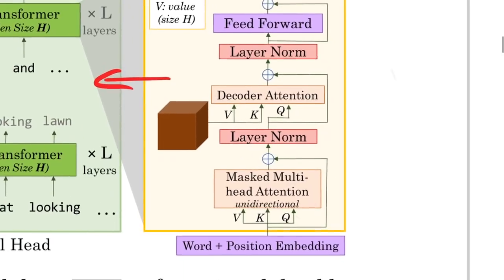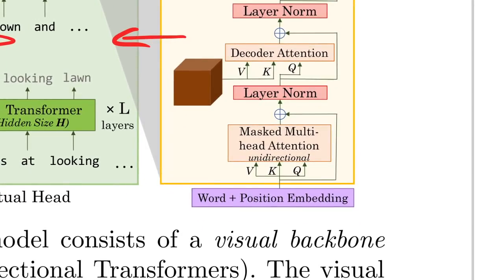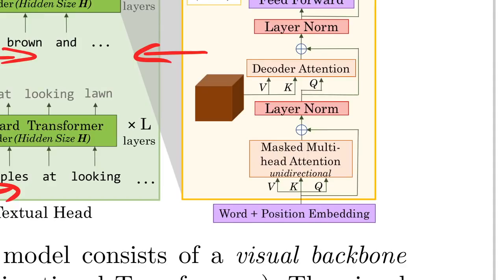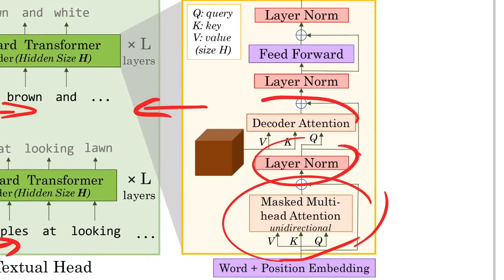If you don't know what a transformer is, I've made several videos on transformers. The first one is Attention Is All You Need, and that's sort of the same kind of transformer they use here. So as you can see right here, you have this multi-head attention, the layer normalization, attention from the decoder.